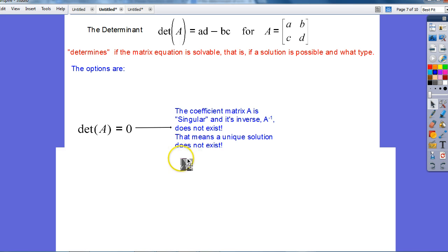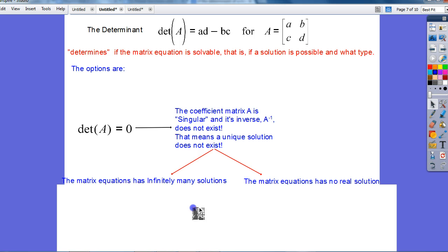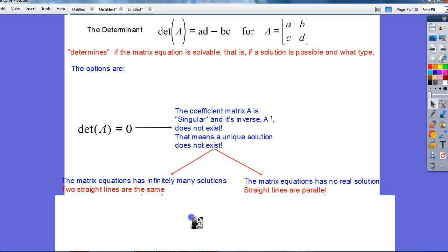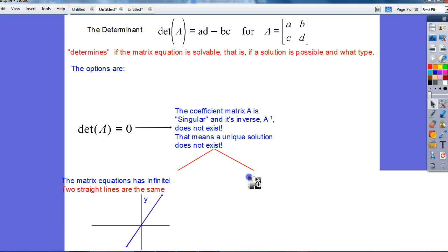Generally that is one key indicator of whether we're going to have infinitely many solutions or no solutions. There are 2 possibilities that can arise from the determinant of A being equal to 0. The matrix equation has infinitely many solutions, which means the 2 straight lines are the same, one over the other.